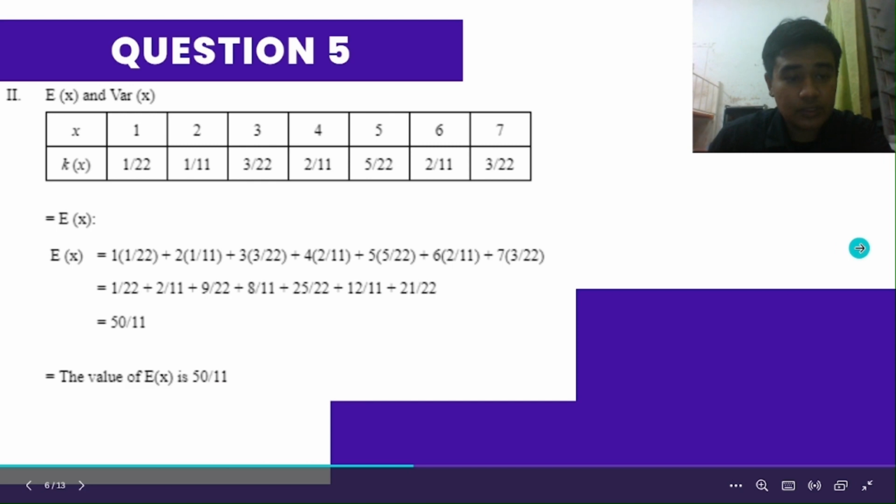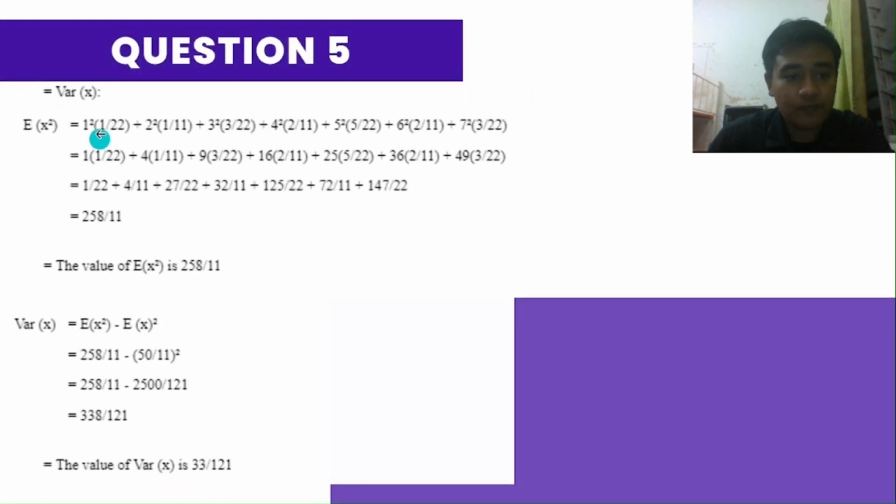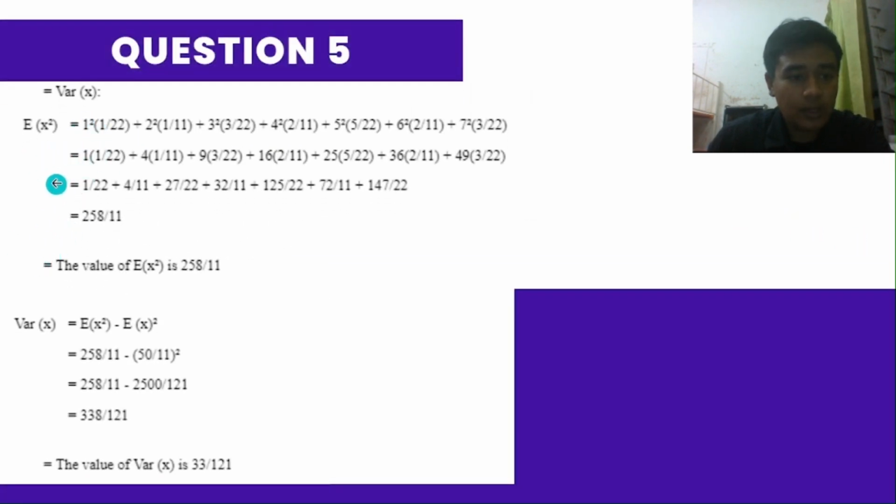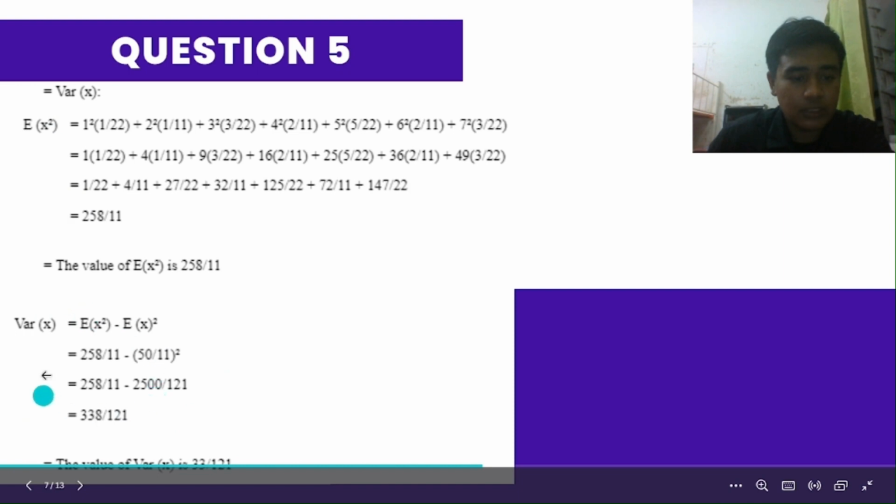The next question is, we need to find Var. The way we want to find Var is by finding E(x squared) first, so we can solve the final question.